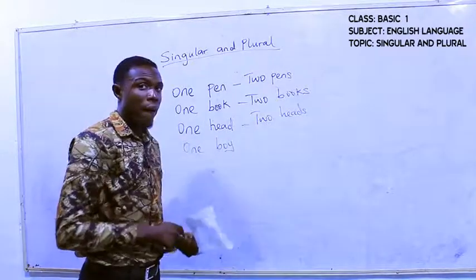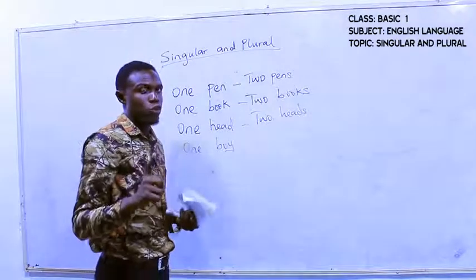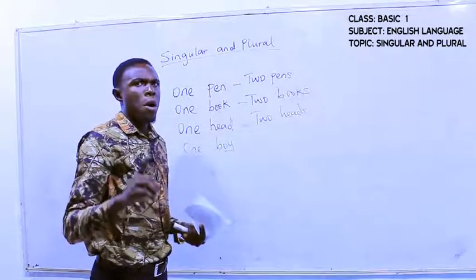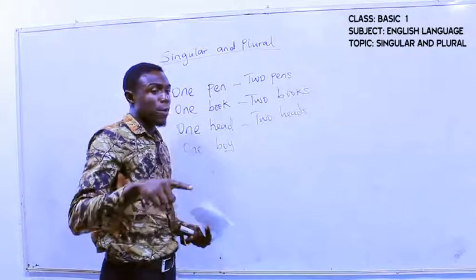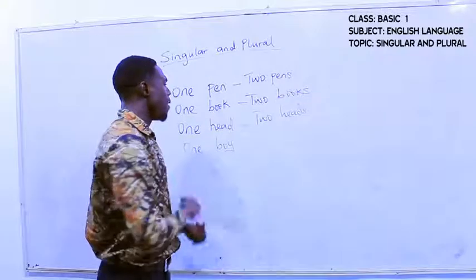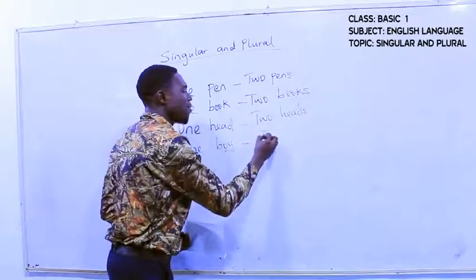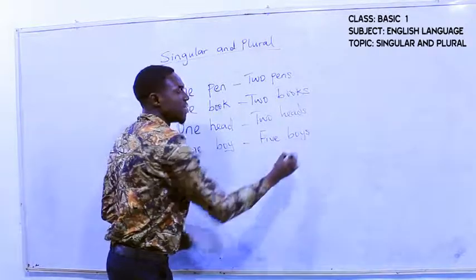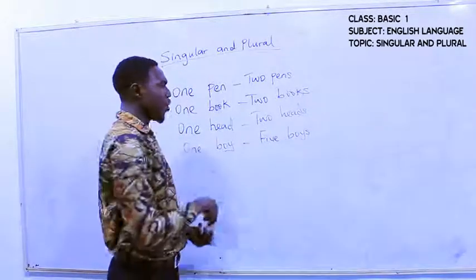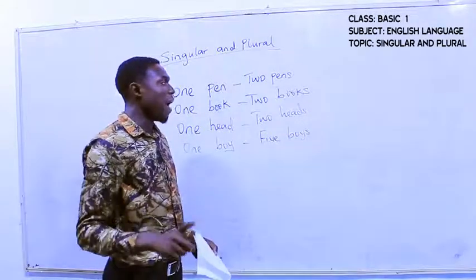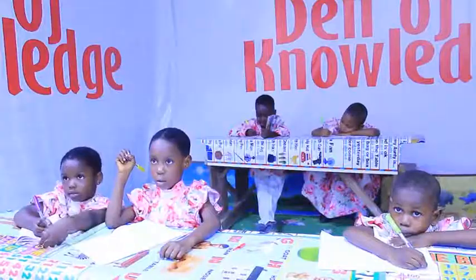If you look, you are going to see a boy here. But if there are five, we say there are 5 boys. Plural, because they are more than one.